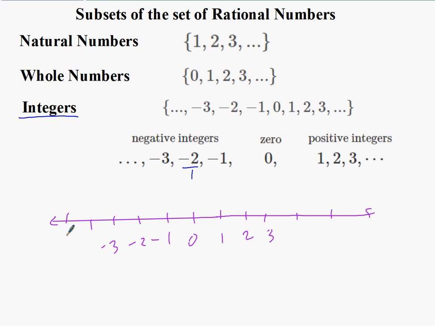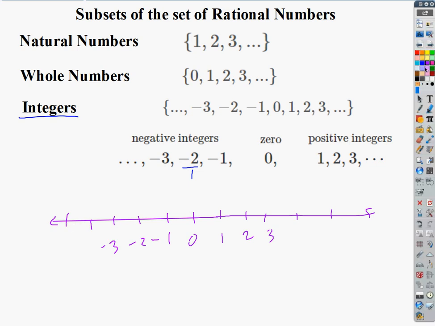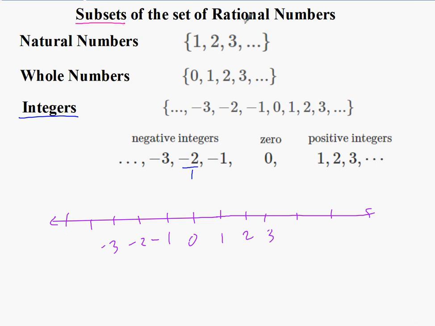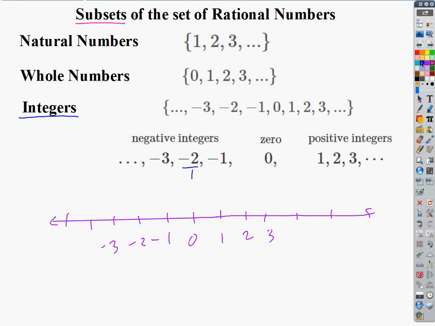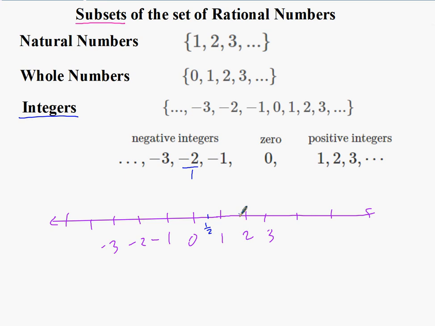Ah, okay, good. And here's the key. Because the set of integers is a subset, and that's an important word, right? A subset is a smaller set that's inside of a set. The set of integers is a subset of the set of rational numbers. All integers are rational numbers, but there are some other numbers that are rational numbers that are not integers. For example, like 1/2 or 5/3, right?